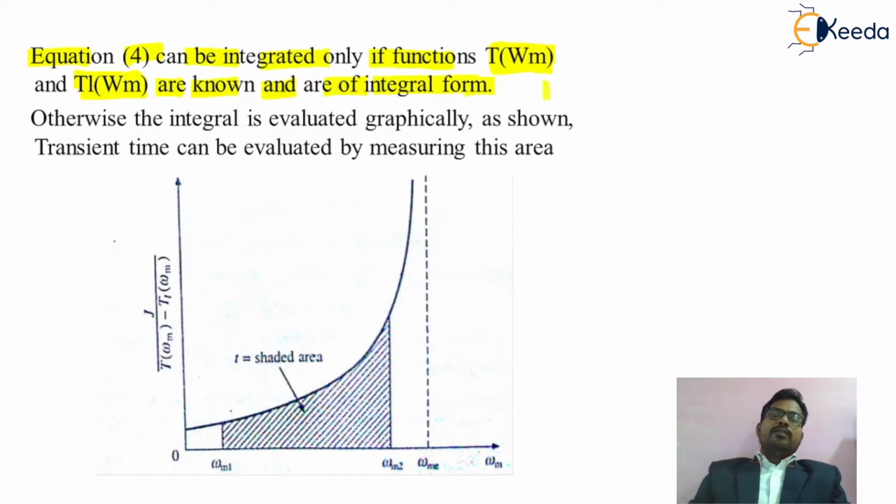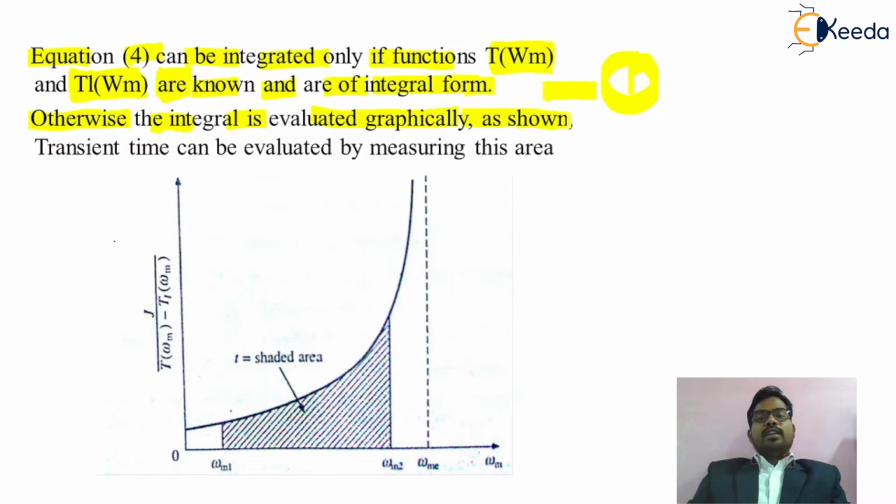This is the first case. If you don't know the motor torque with respect to speed, or the load torque with respect to speed, then what will happen? At that time we can get the value of t by means of the graphical method.